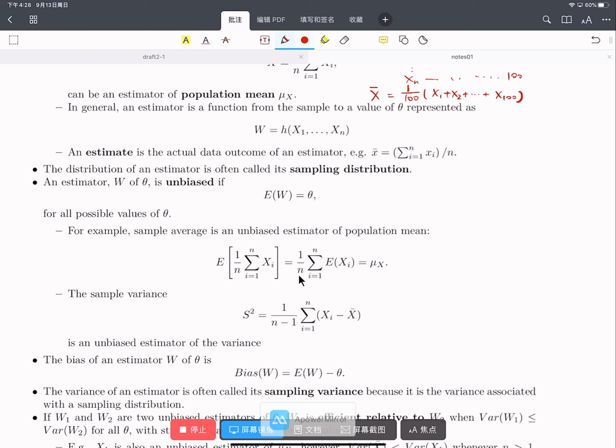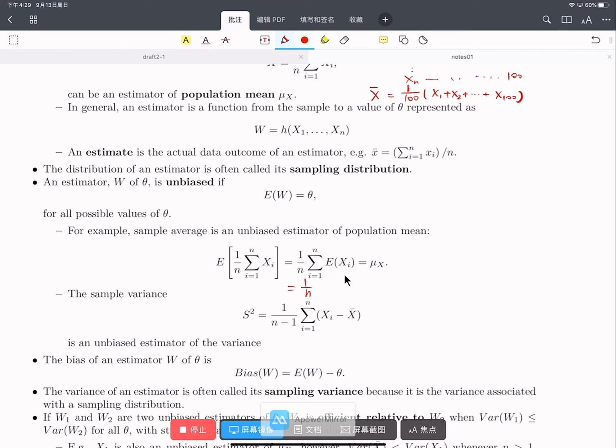So it equals 1 over n times the summation of the expectation of xi, because each xi follows the distribution which has a mean mu of x.